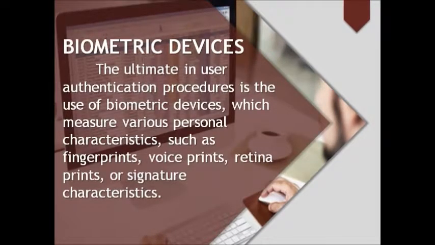The next feature is biometric devices. The ultimate in user authentication procedures is the use of biometric devices, which measure various personal characteristics such as fingerprints, voice prints, retina prints, or signature characteristics.